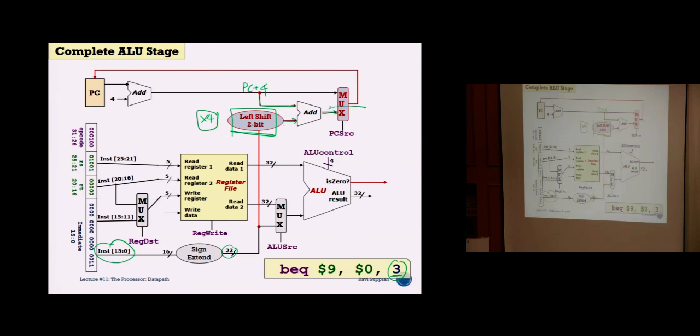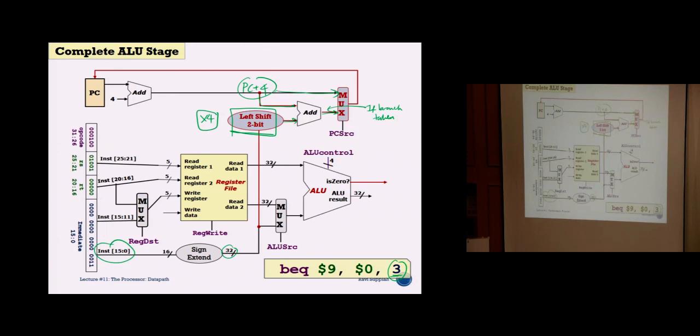This is the address if the branch is taken. If the branch is taken, then that is the address I need to go to. If the branch is not taken, then it is just PC plus 4, correct? If the branch is taken, then it's PC plus 4 plus the offset multiplied by 4, which is also what you did in your tutorial. So you can see that I generate two possible addresses: one is PC plus 4, the other is the new branch address.